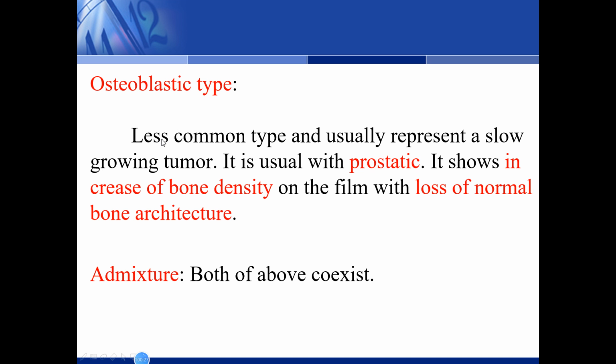Osteoblastic type, a less common type, usually represents a slow-growing tumor. It is usual with prostatic cancer. It shows increase of bone density on the film with loss of normal bone architecture. Admixture type is when both of the above coexist.